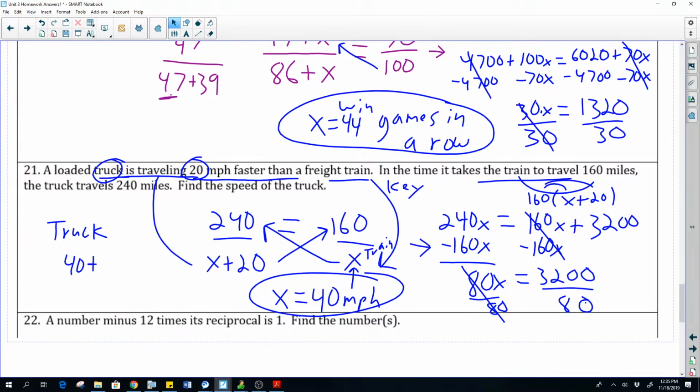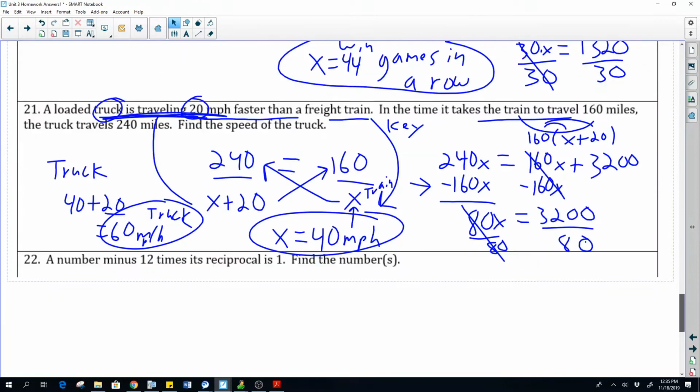So you're going to do 40 plus 20, so 60 is actually how fast the truck is going, because they told us the truck is traveling 20 miles faster. Cool. Here we go. So 60 miles per hour. Okay, last but not least, a number.